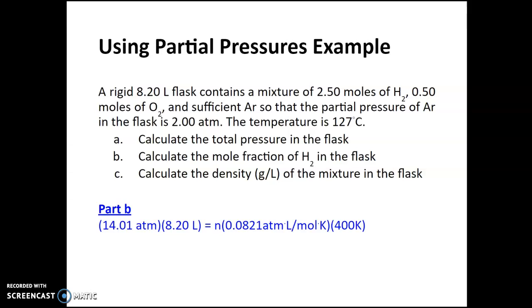So I'm plugging in everything just the same, 14 atmospheres, 0.82 liters equals moles times the gas constant times 400. Solve that out. That means my total moles is 3.5 moles. I just need the mole fraction for hydrogen. Mole fraction is represented by chi. So I have 2.5 moles of hydrogen divided by the total moles, 3.5 moles, and that gives me a mole fraction of 0.71.